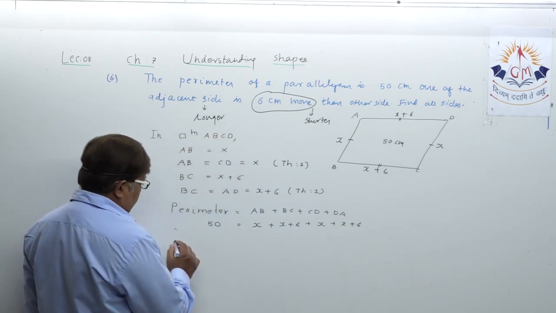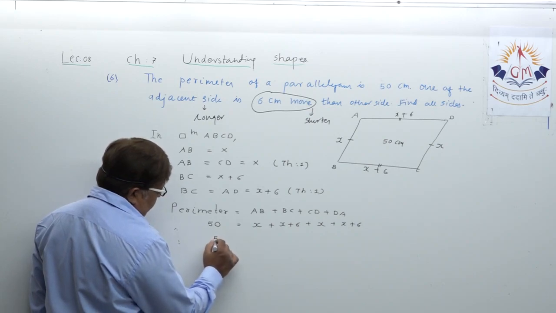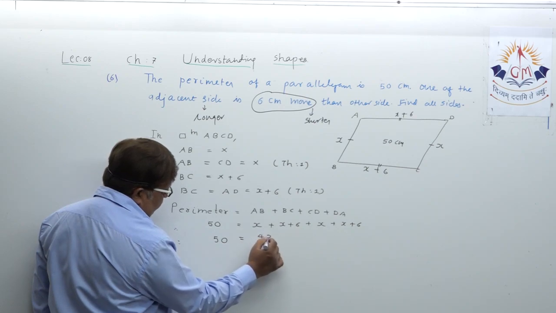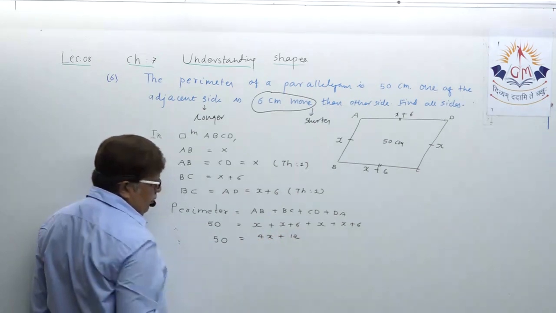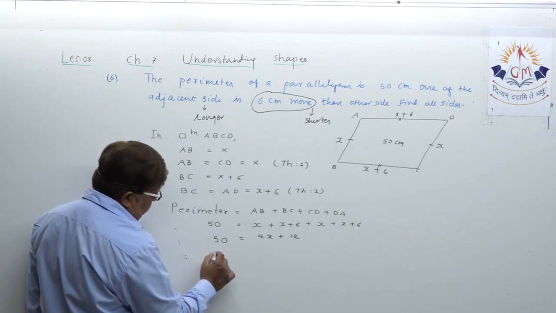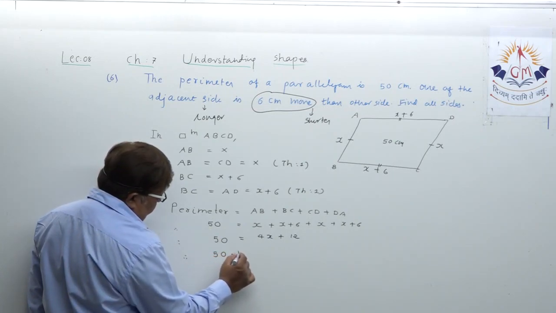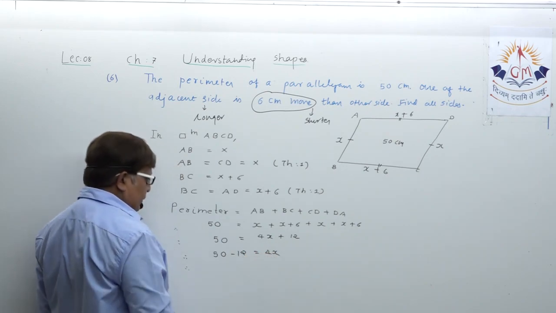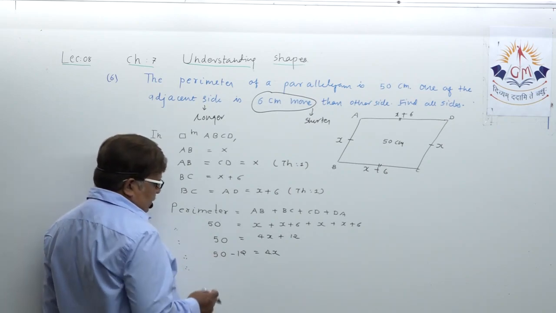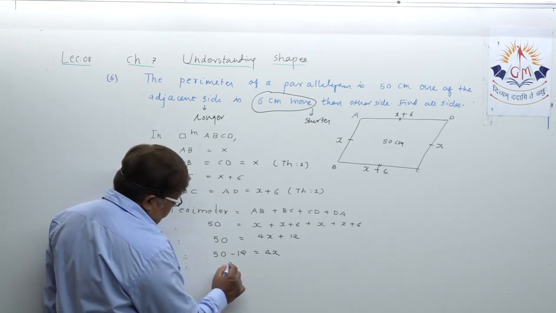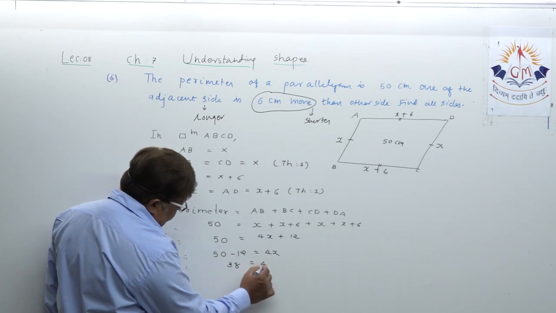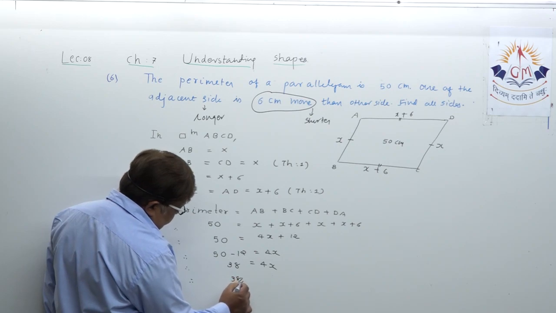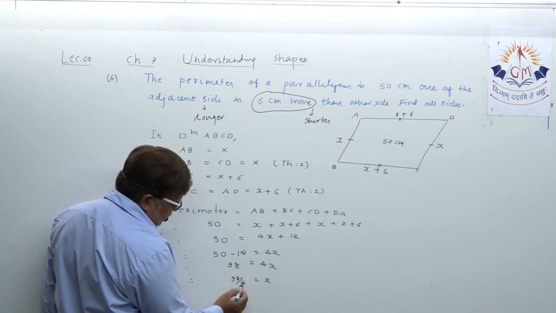Okay. So 50 equal to, add all, 4x plus 12. Transfer 12 to this side. 50 minus 12 equal to 4x. Understood? Just subtract it, it becomes 38 equal to 4x. Bring it down, 38 upon 4 equal to x.